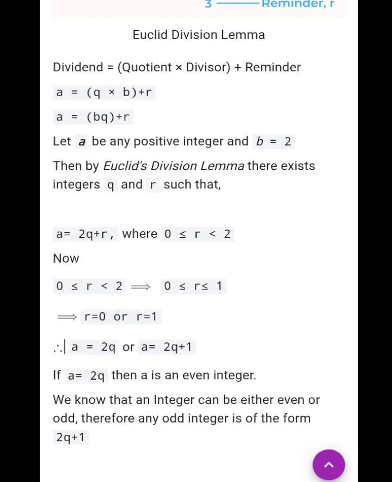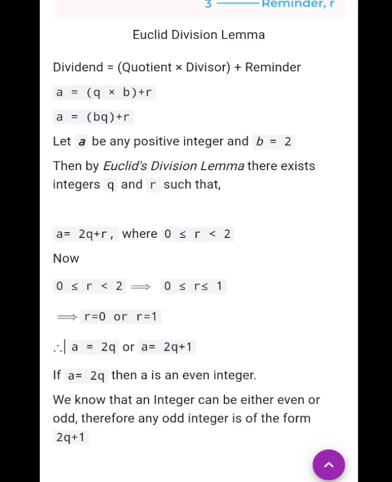If we substitute r is equal to 1, then we get a is equal to 2q plus 1.